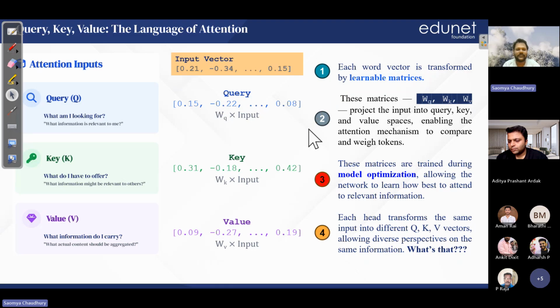Everyone remembers the word hyperparameters, right? Tunable parameters. Is it clear to everyone? All of us in deep learning have been through these words a couple of times. Perfect, so they are learnable matrices.